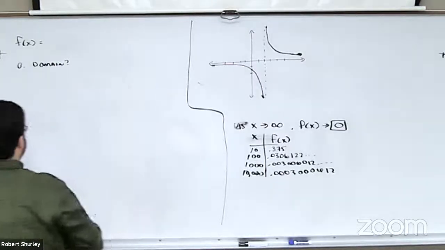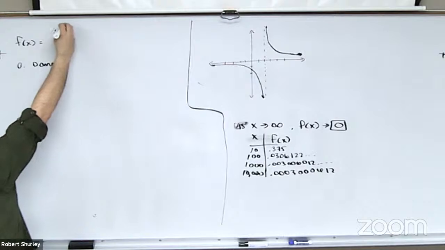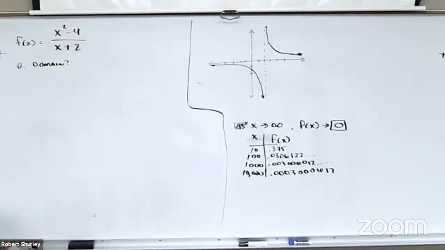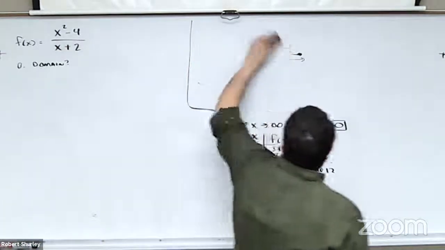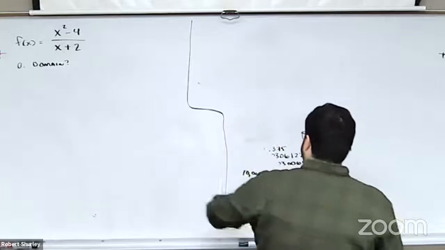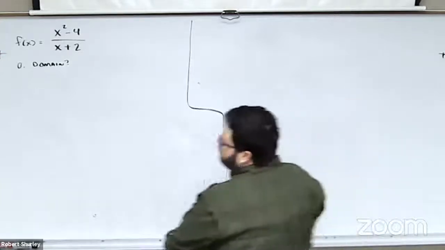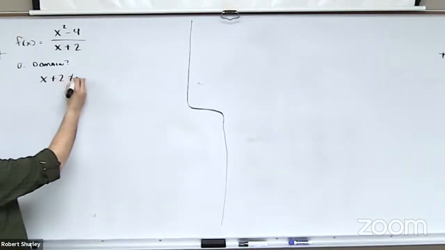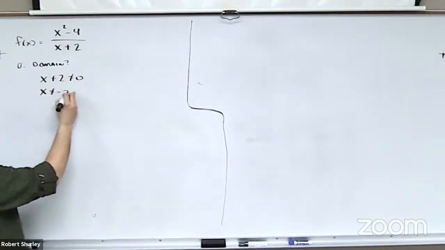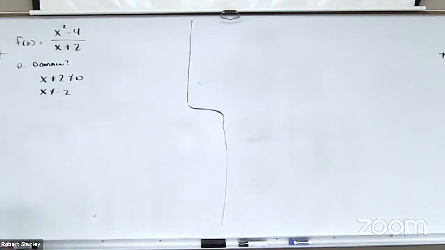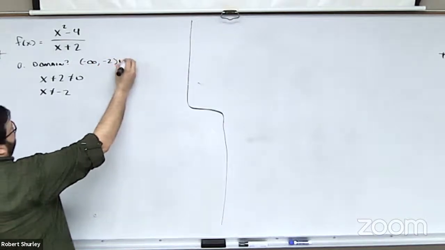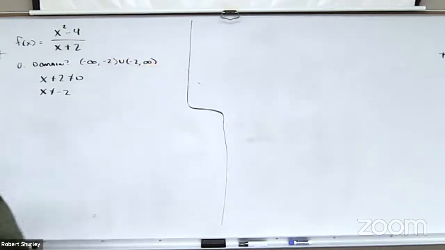So let's do one more, but I'm going to do this the long way, and then we'll get to the short way. What if we had x squared minus 4 over x plus 2? So a little different. And again, I'm going to ask you for the domain. So very similar to before, x plus 2 can't be 0. So x now can't be -2, right? x can't be -2, and you'll tell me it's -infinity to -2 union -2 to infinity, right?